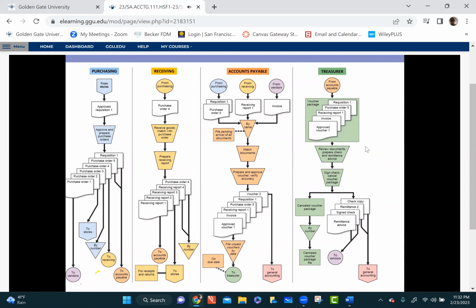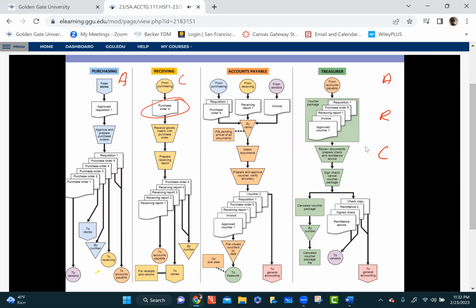But what I want to make sure of is that if I asked you which is the separate duty that should be performed by these different functions, what would be your answer? It'll be either authorization, record keeping, or custody. So purchasing is authorization. The receiving department was what?